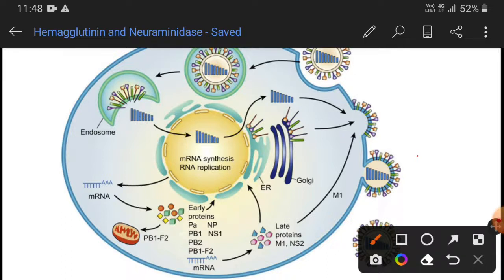Now in case of influenza virus there is bad news for the host cell: the acidic interior that the lysosome provides, the influenza has a mechanism to use for its uncoating process. How? Let's see.